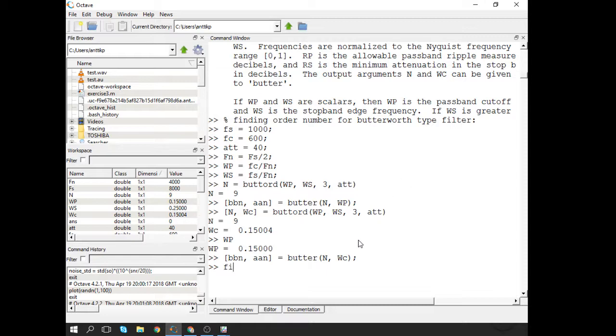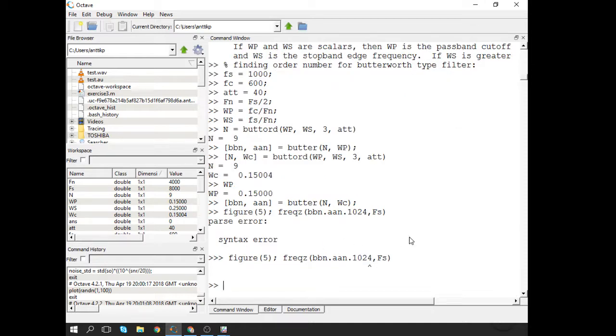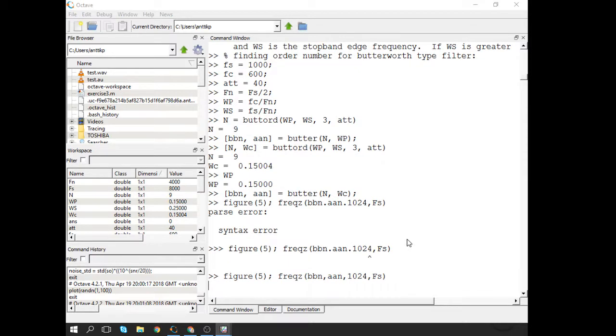All right, but now figure 5 and frequency response of my BBN, AAN, 1024, NFS. Syntax error. Why did I put there dots instead of commas? Maybe because I cannot see it properly here.